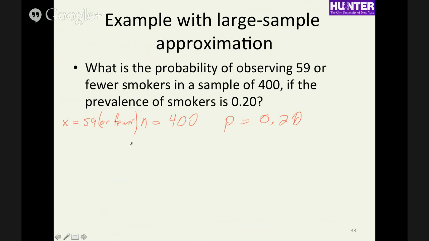So the mean is 400 times 0.2. Standard deviation is the square root of 400 times 0.2 times 1 minus 0.2.